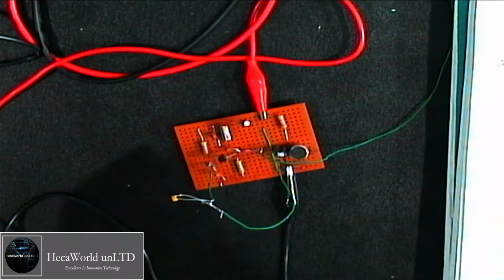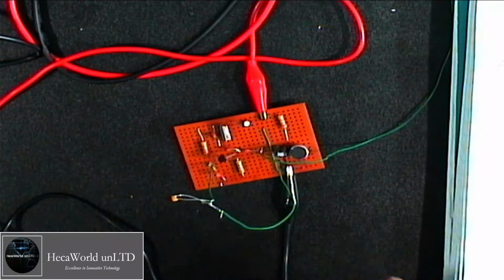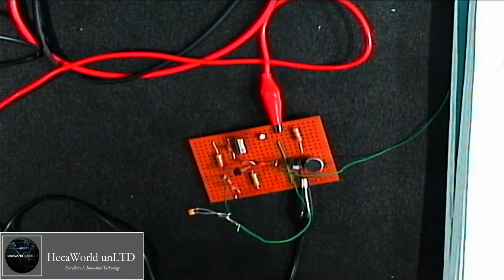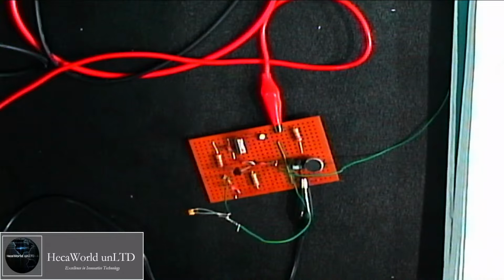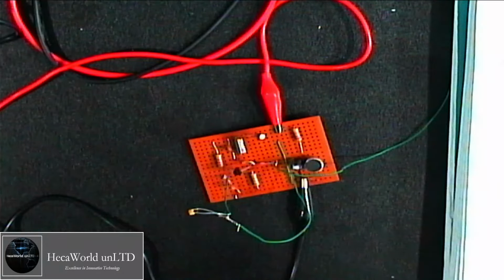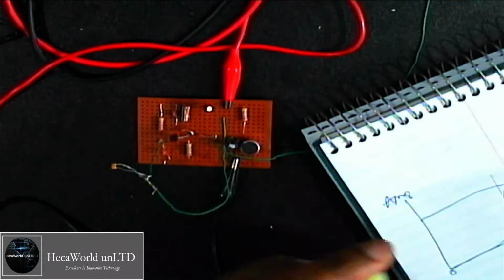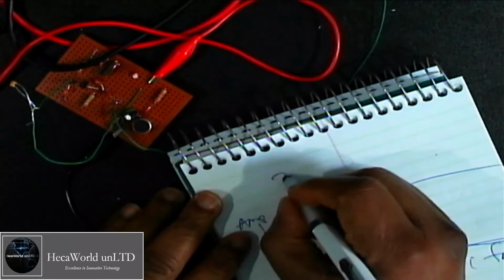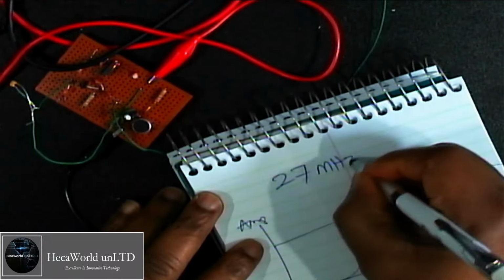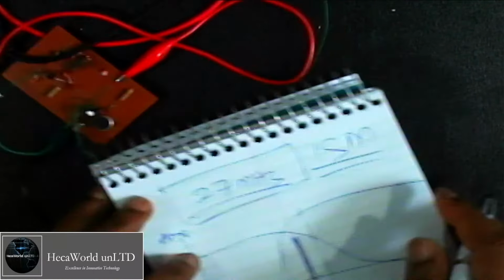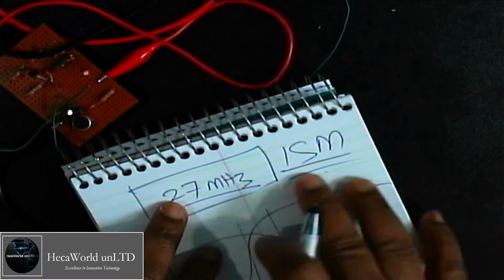But just make sure you have a license, and make sure that your frequency is within maybe the free band, so you can operate it without a license. If your transmitter is within the 27 megahertz band, you may not require a license, but verify. This is the ISM band, so in this range you don't require a license, but whatever country you are in, make sure that you're compliant with the law.